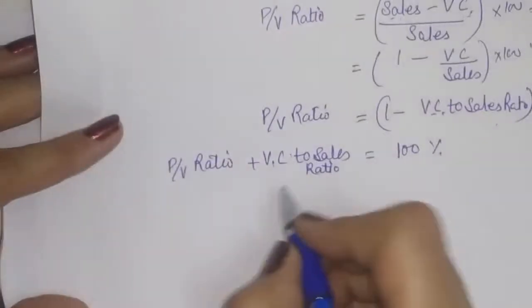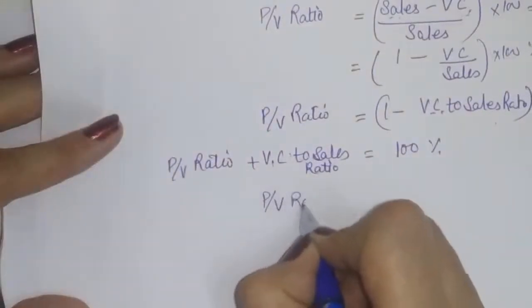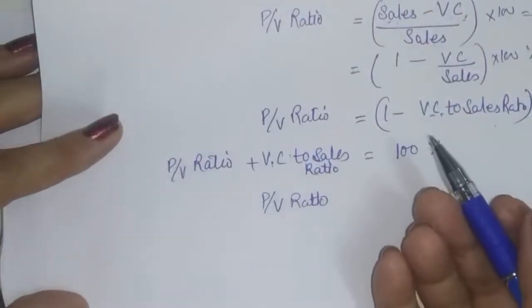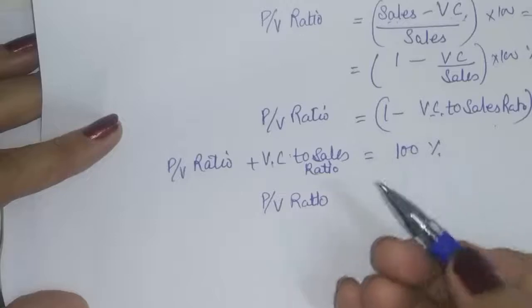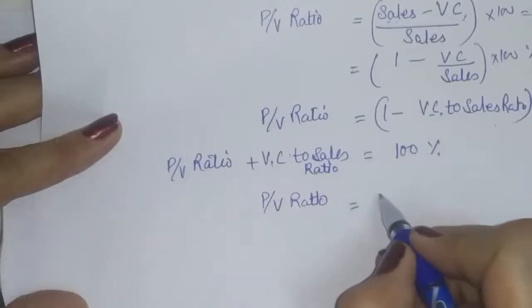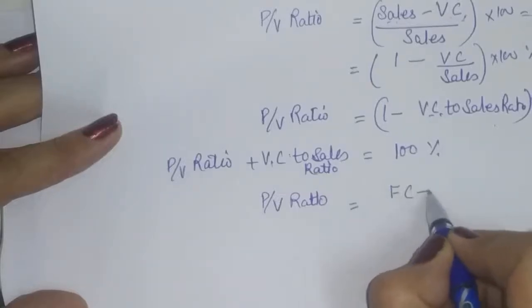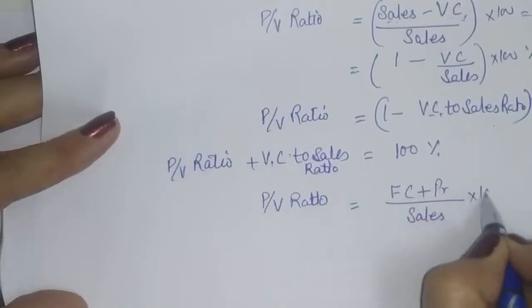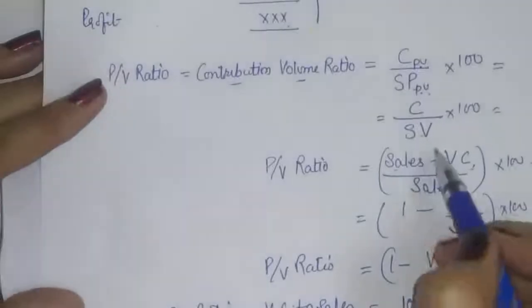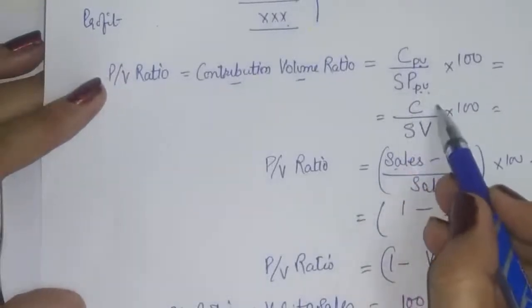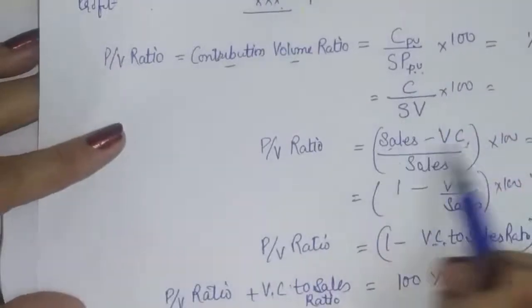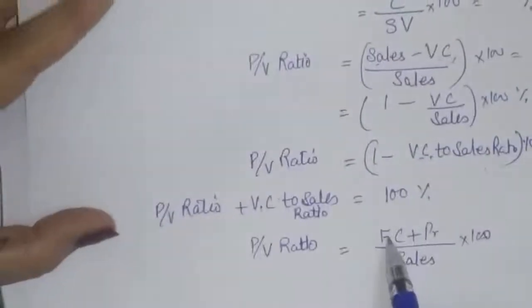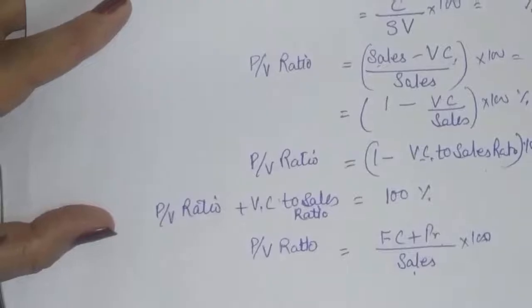So just see, in order to determine profit volume ratio, we don't need variable cost, right? We can easily calculate this as fixed cost plus profit upon sales into 100. So you replace contribution with either sales minus variable cost to get this ratio, or replace it with fixed cost plus profit to get this ratio.